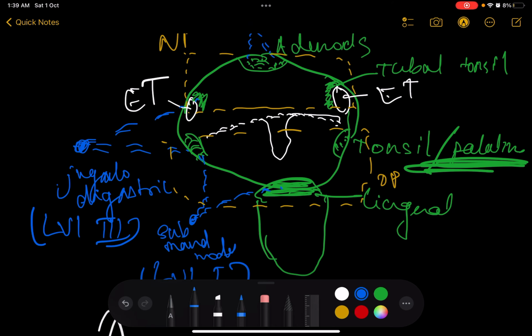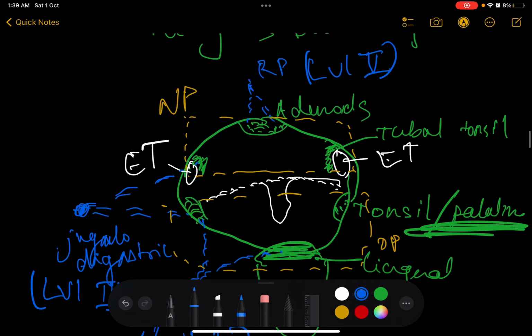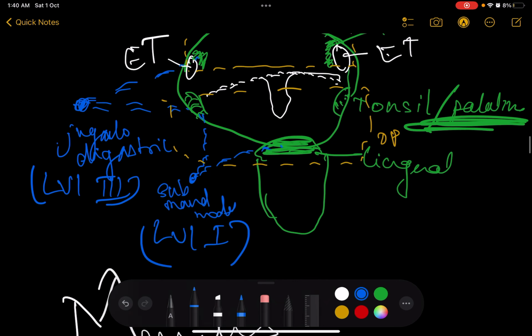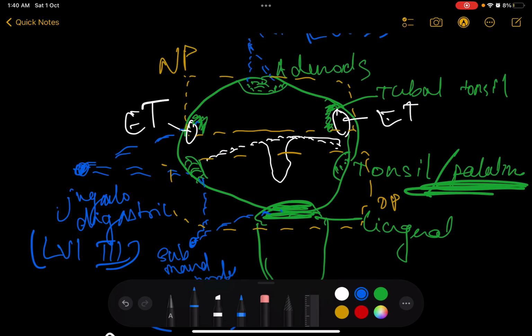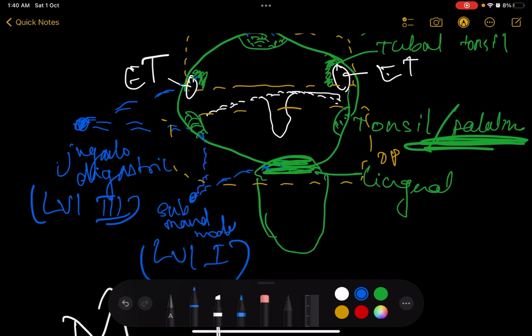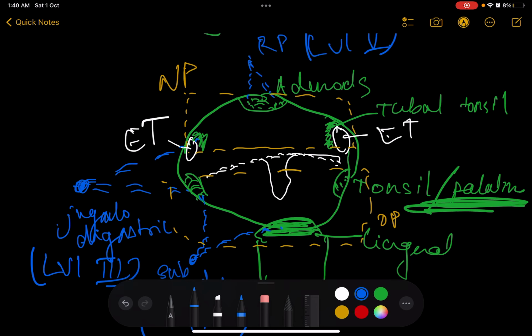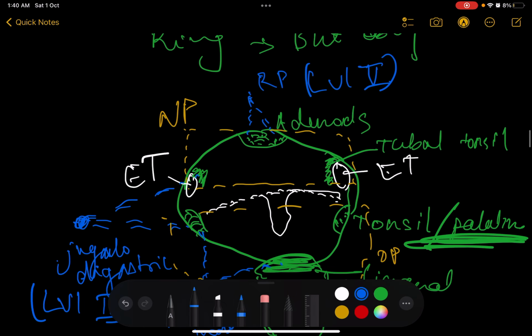Talking about the tonsils, the palatine tonsils and the lingual tonsils are in the oropharynx, as indicated in yellow OP, and the adenoids and the tubal tonsils are in the nasopharynx, as indicated by NP. Now this is basically the internal Waldeyer ring, and there's also something called the external Waldeyer ring, which is when the adenoids drain directly into the retropharyngeal lymph nodes, that is RP indicated in the diagram, which is level 5 of lymph nodes.